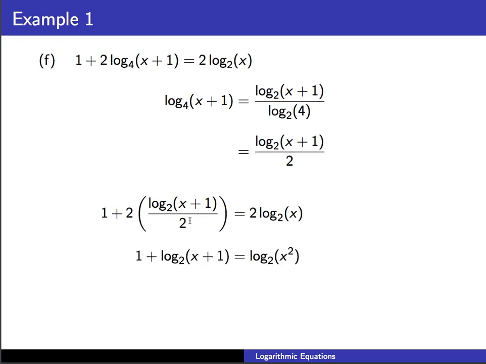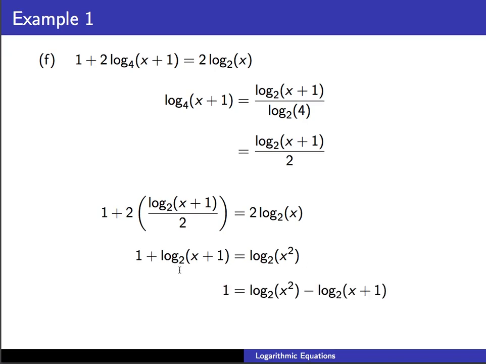The 2's, this 2 in the denominator and this 2 out in front of the parentheses, will cancel each other out. So we're left with 1 plus log base 2 of x plus 1 equals, we can use our power rule on the right and bring the 2 that's out in front of the log base 2 of x back into the exponent.